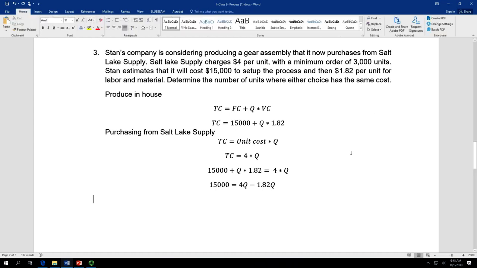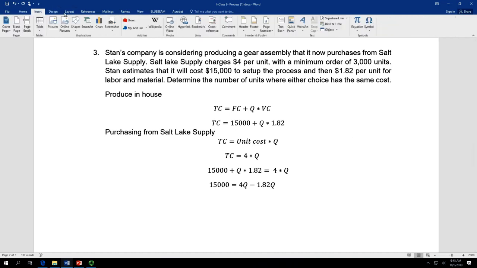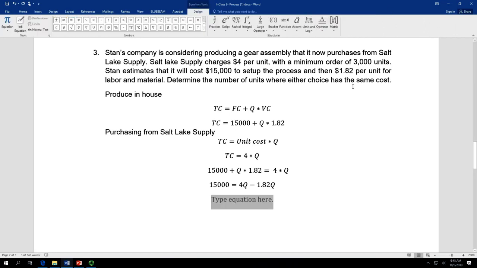Then Q equals 15,000 divided by (4 minus 1.82). And do not miss the parentheses. In your calculator, if you miss the parentheses, your result will be totally wrong.